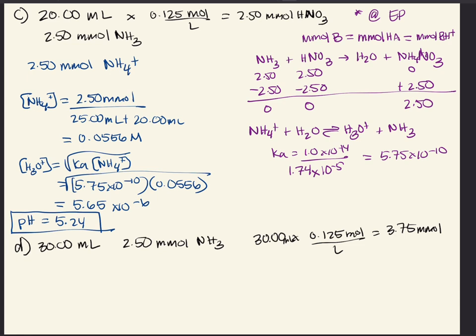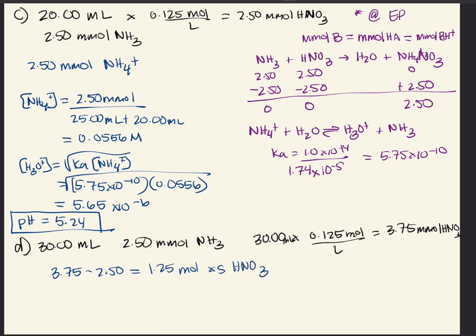So here I can see I'm beyond the equivalence point because I have more acid in solution than base. So if you recall, all I have to do is calculate the concentration of my acid. So I'm going to take my 3.75 minus 2.50, which will give me 1.25 millimoles of excess nitric acid.